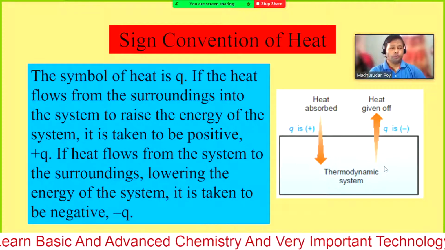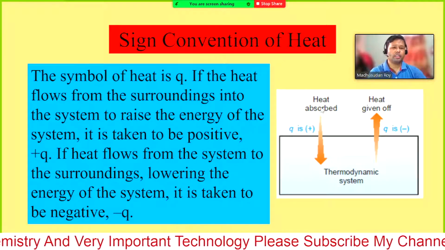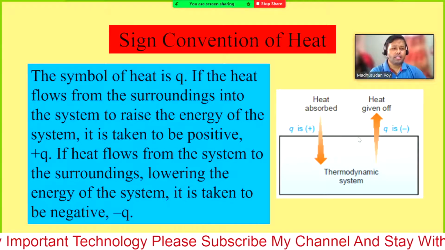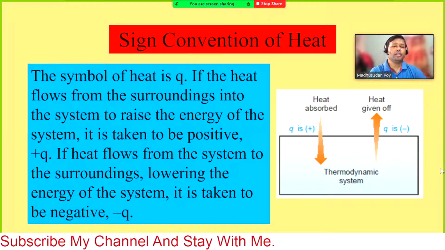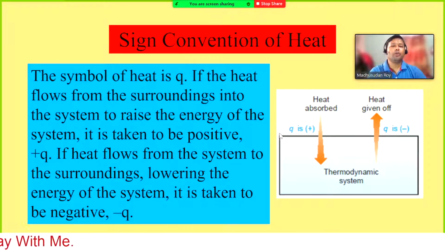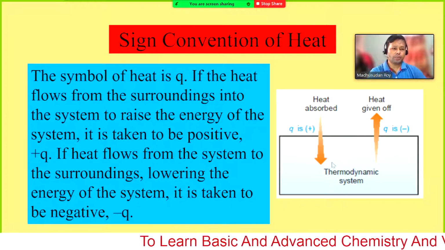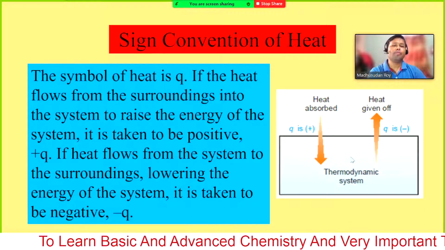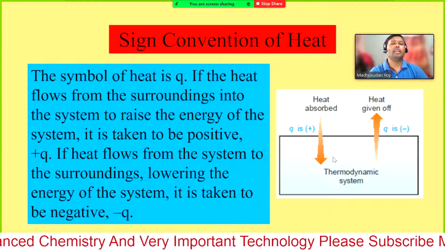So if you have a system, this is our system, and outside is considered as surroundings, and you can consider this black line as our boundary. So if heat is absorbed, that means if heat comes inside the system, the total energy of the system increases. In that case you will consider the sign as positive.